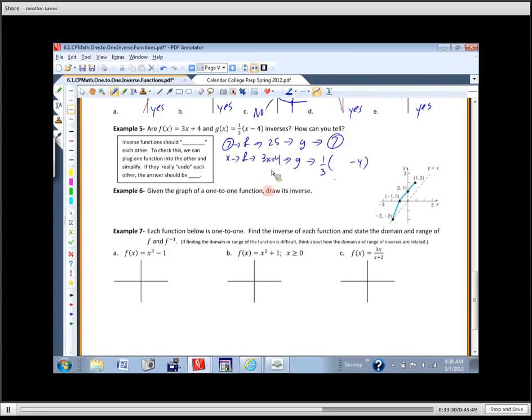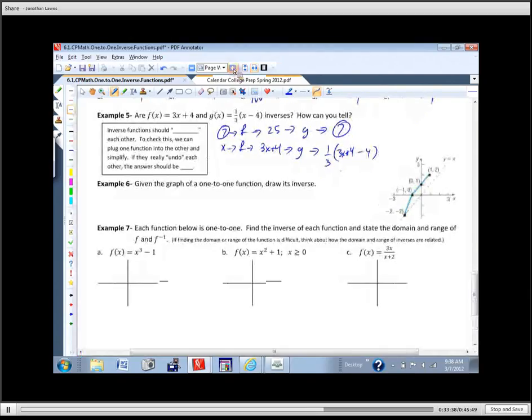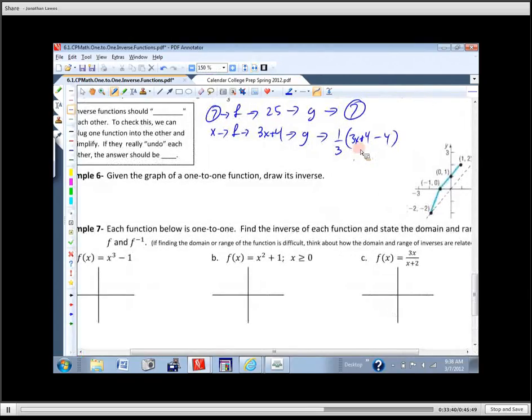What is that something we're going to plug in? 3x plus 4. So if I take 3x plus 4 and subtract 4, what happens to the positive 4 and the negative 4? They cancel each other out. So then I've got 1/3 times 3x, and what is 1/3 times 3x? That's just x. So I started with an x, and I got out an x. Is that really convincing? I hope so, because we could choose any number we want, and it should work that way. Okay, are there any questions there?